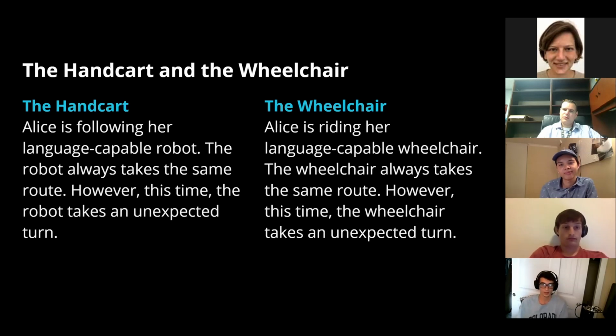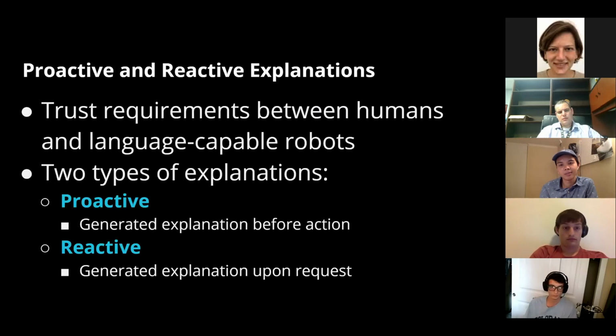And in both cases, the robot takes an unexpected detour. So you can see with these two situations that there are varied trust requirements. This can be addressed with two different types of explanations. The first are proactive explanations, which are explanations generated before an action is taken. And then there are reactive explanations, which are provided only if the user asks the robot to.